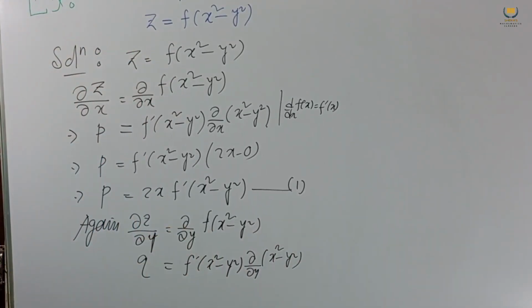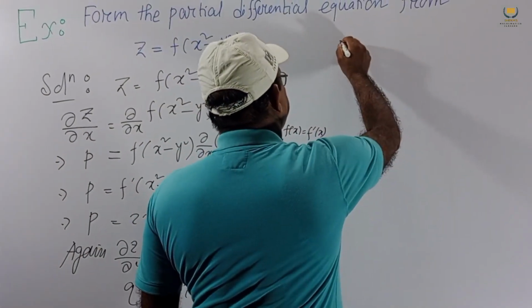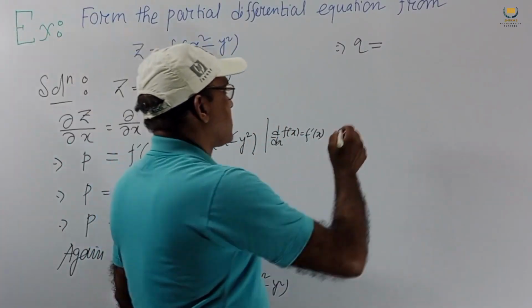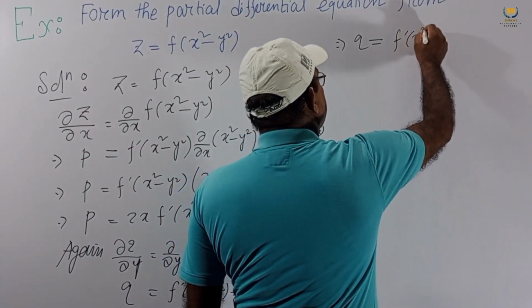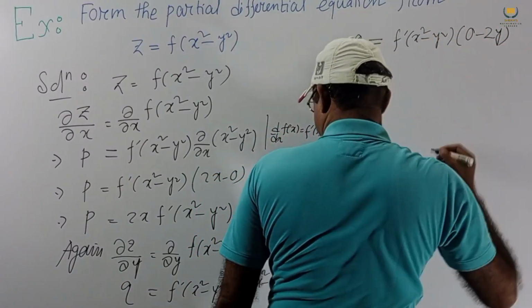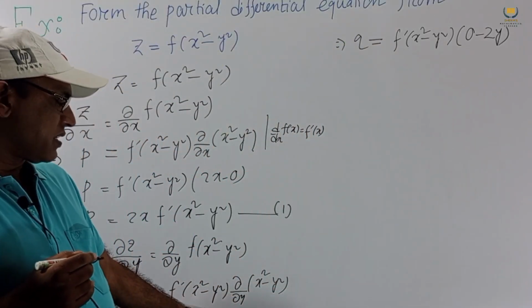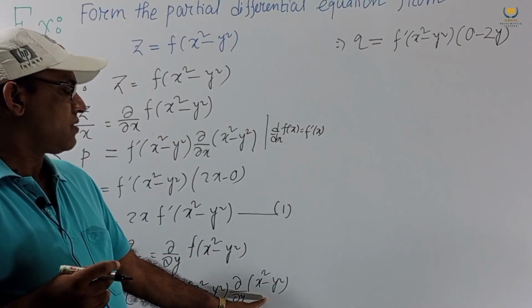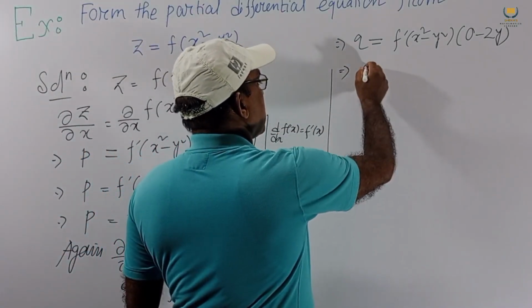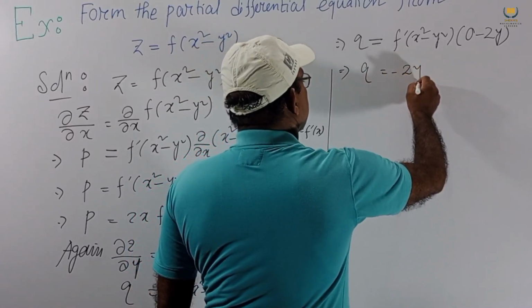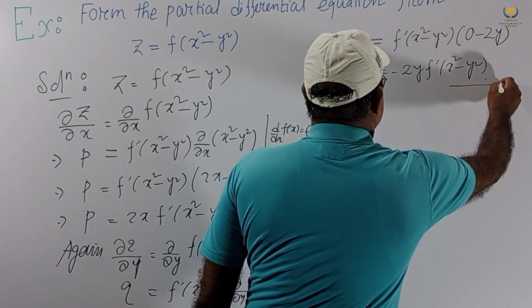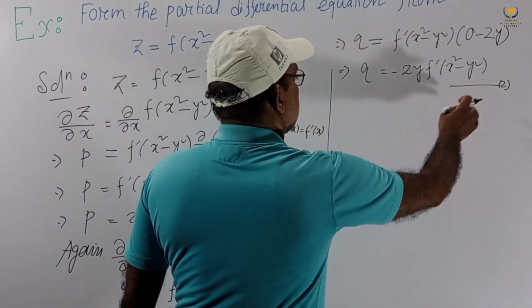So q equals f dash of x square minus y square times, x square gives 0 and minus y square gives minus twice y. We differentiate partially with respect to y, so x is constant and y square gives twice y. So q equals minus twice y f dash of x square minus y square. This is equation number 2.